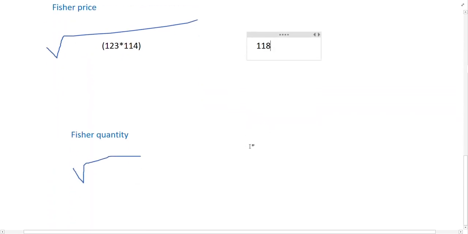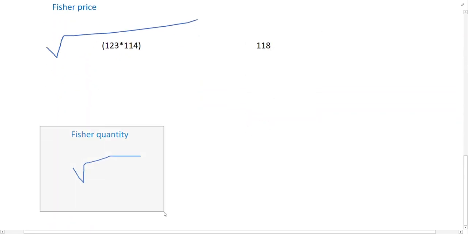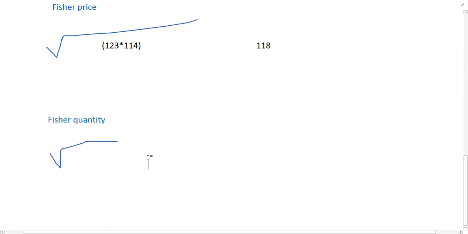So 123 multiplied by 114, it gives you 118. So it is a kind of average figure, and it has the benefits of both of those.